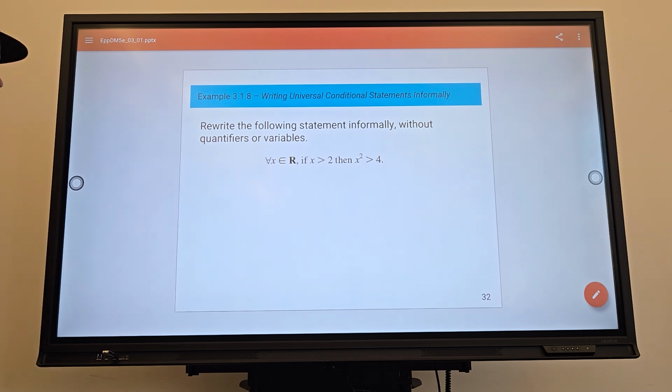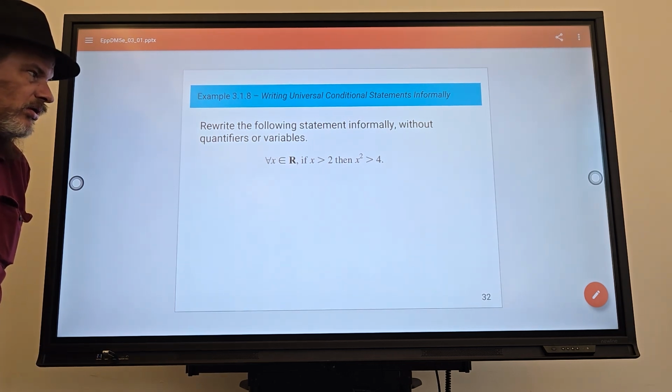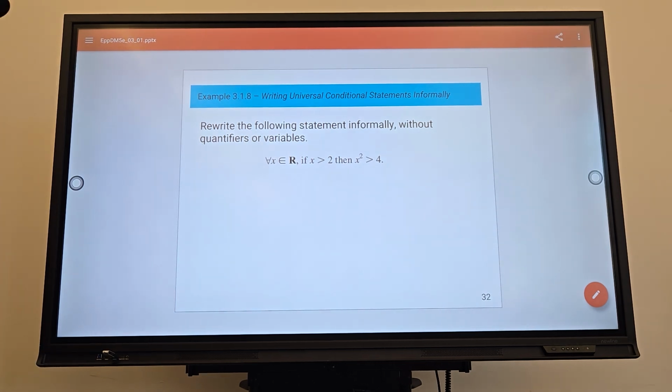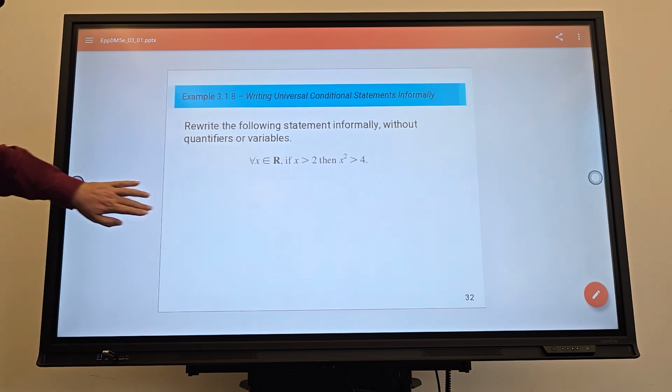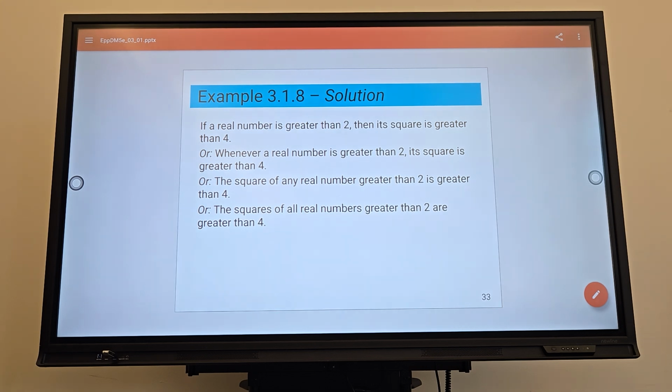You have two clauses there: x is greater than 2 and x squared is greater than 4. So, if a real number is greater than 2, then its square is greater than 4. Whenever a real number is greater than 2, its square is greater than 4, and so on and so forth.